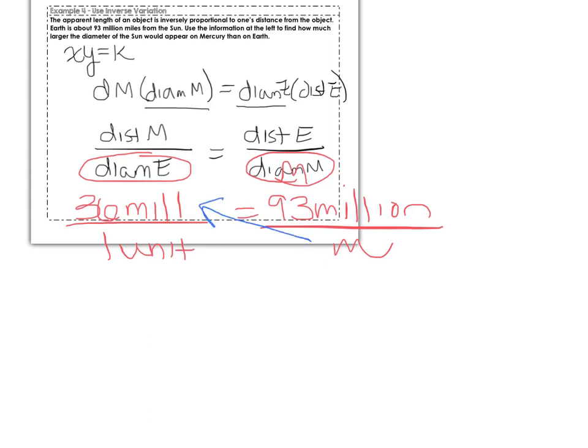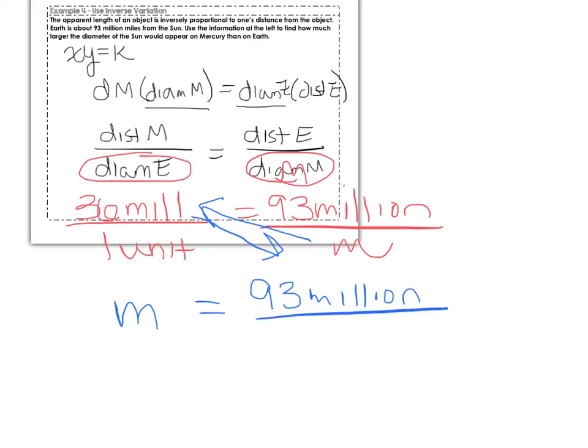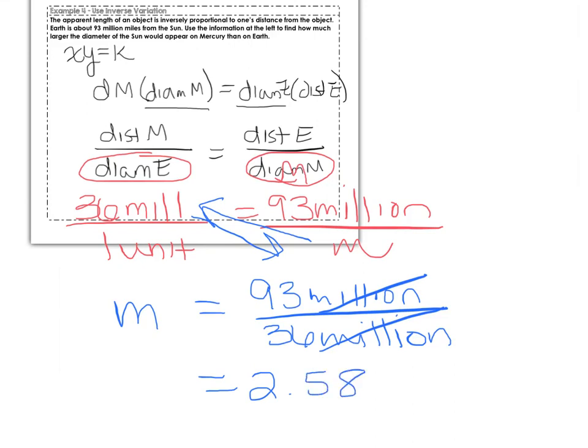Multiply both sides by m and then divide both sides by 36 million. So we're really going to have 93 million divided by 36 million. So if you want to solve this using scientific notation, you're more than welcome to. It's also pretty easy just to calculate in your calculator. Millions will divide away each other. So we're really just dealing with 93 divided by 36, which gets you 2.58, okay?